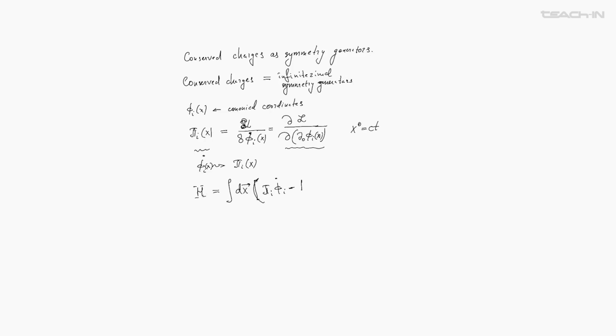This is the same as the integral d^3x of pi_I phi-dot_I minus Lagrangian density. Sometimes I will be writing this as an integral of a three-dimensional Hamiltonian density. So H here is Hamiltonian density. I hope you are acquainted with the way we pass from Lagrangian to Hamiltonian in classical mechanics, and I'm implementing absolutely the same procedure, but for the case of fields.